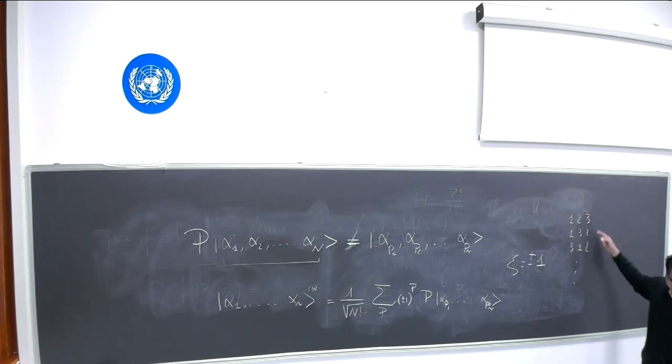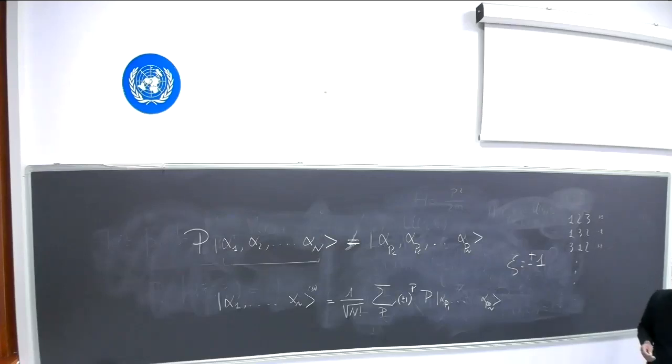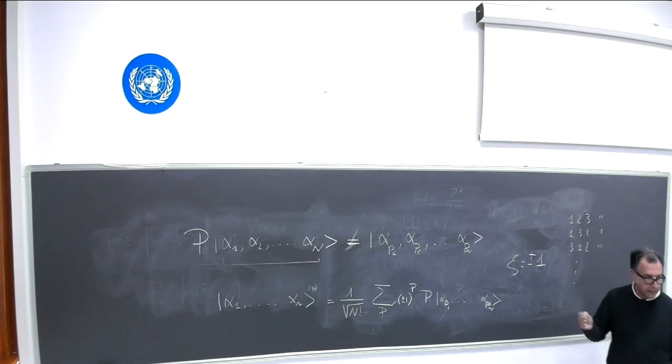All the bosons will have a plus sign. Now for fermions, 1, 2, 3 is +1. Then 1, 3, 2 is what? You exchange one pair, so it's -1. And 3, 1, 2 is +1, because you did 2 exchanges. In this way you can define all the relative signs.